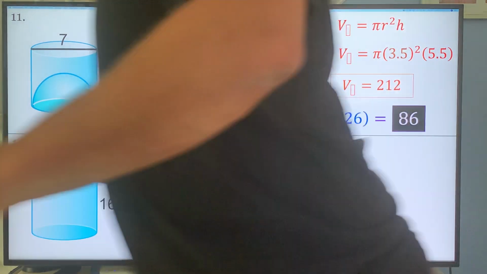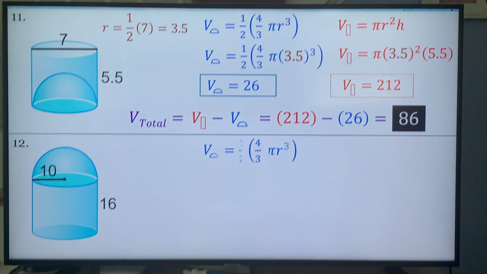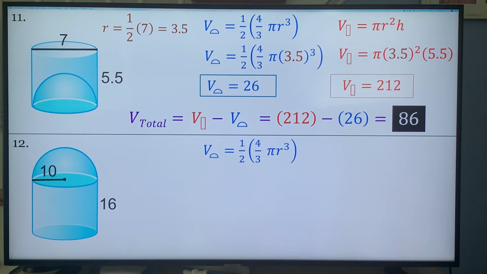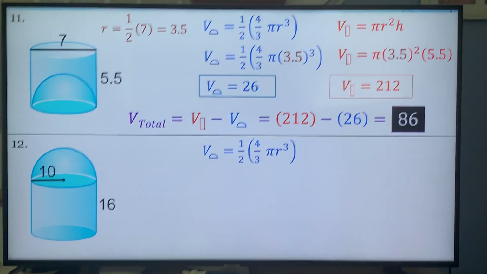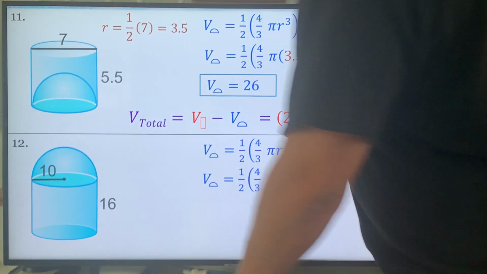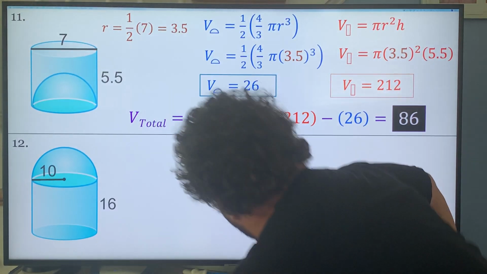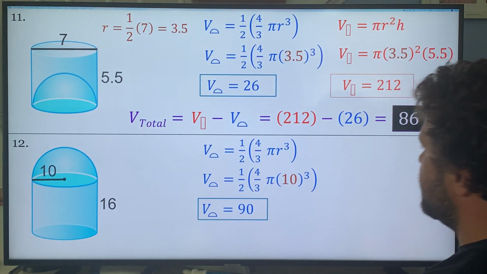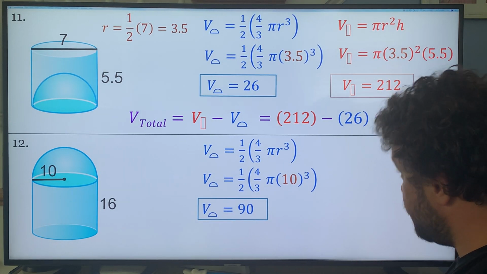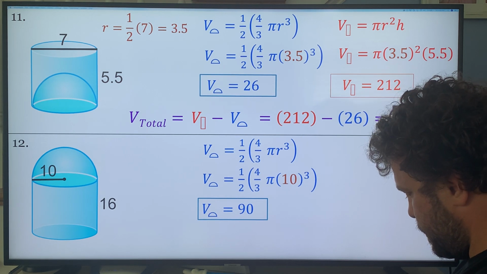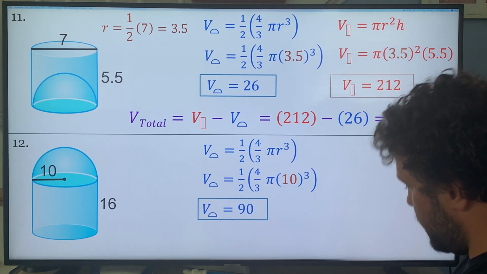Anyway, next problem, number 12. 1/2 of 4/3 pi r cubed is the top. 1/3 of 4/3 pi, radius is 10 cubed, is 90, right? All right.